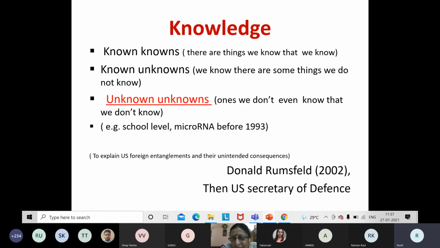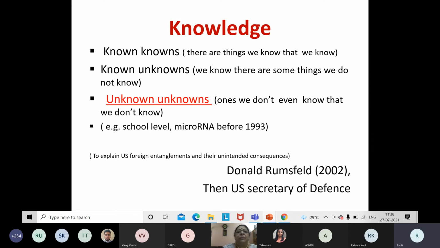And I said that knowledge, very interestingly, has been classified into 3 categories: things that we know, things which we know that we do not know, and there are things which are not known, that we don't even know about them.